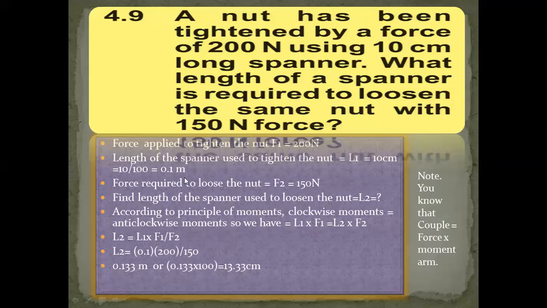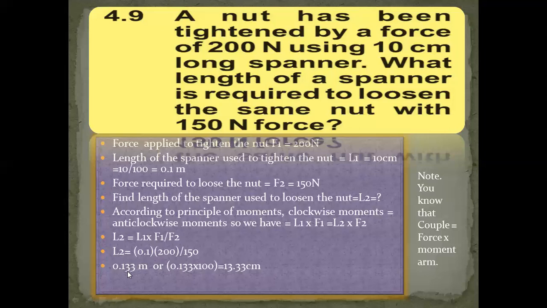Force 1 is 200 Newton and force 2 is 150 Newton. So take the calculator, and when you divide 0.1 multiplied by 200 by 150, the answer would be 0.133 meters.